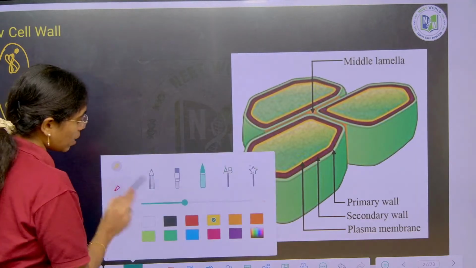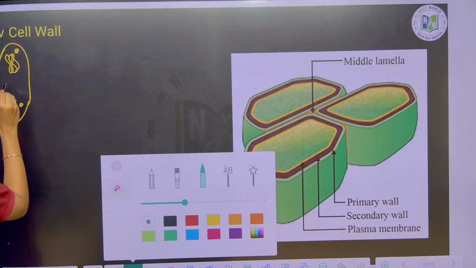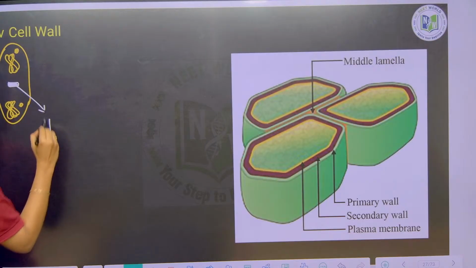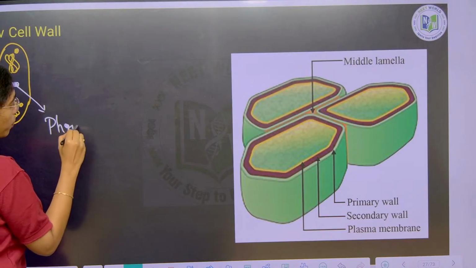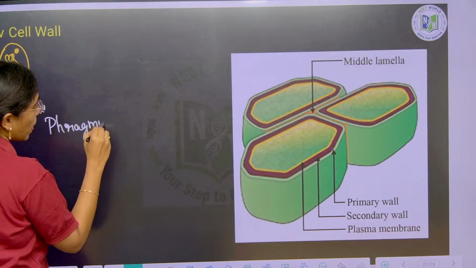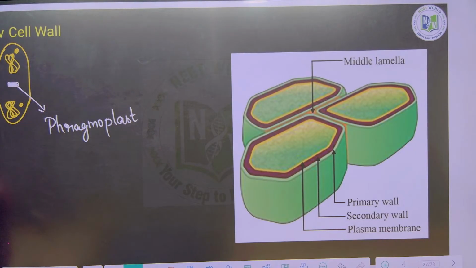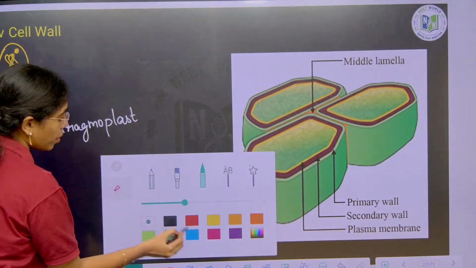In a plant cell, what happens is, at the center phragmoplast is synthesized. What is it? Phragmoplast. At the center phragmoplast is synthesized. This phragmoplast is synthesized from what?